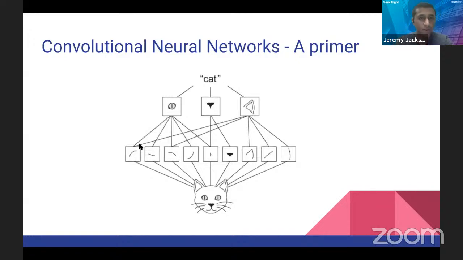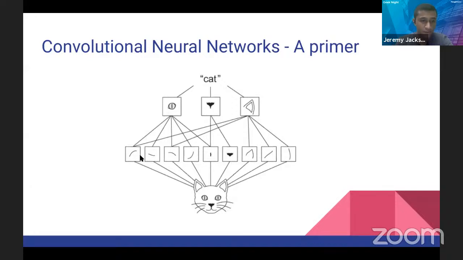So convolutional neural networks are a class of neural networks where you use the convolution operation. The convolution operation is something that can be used as a filter, which can extract different aspects of an image. For example, let's say you see the picture of a cat.